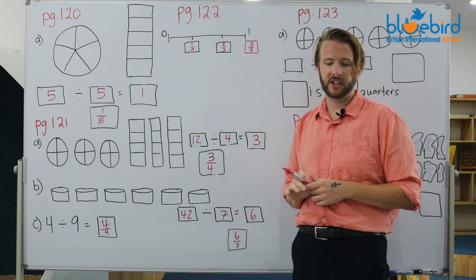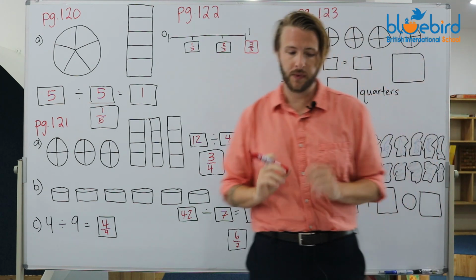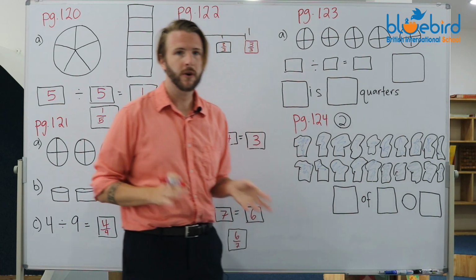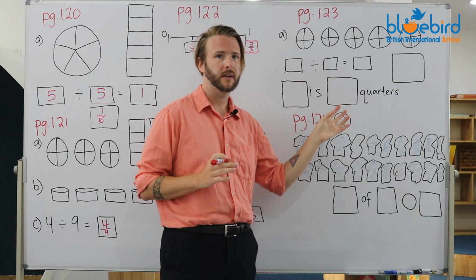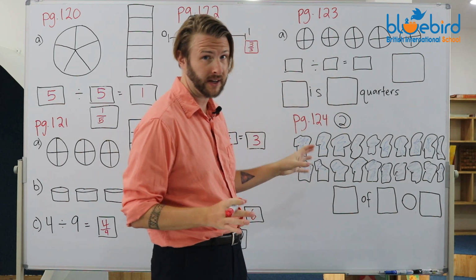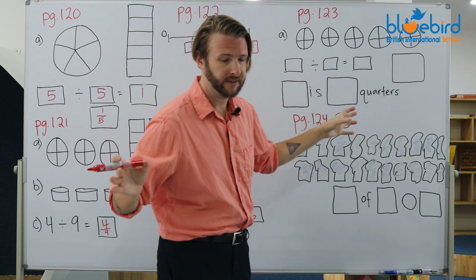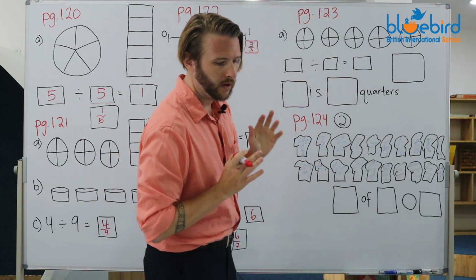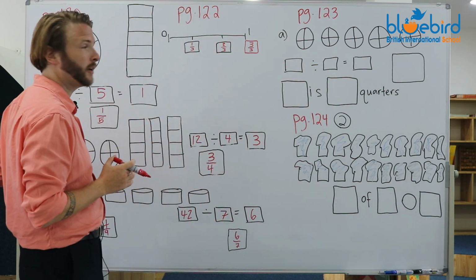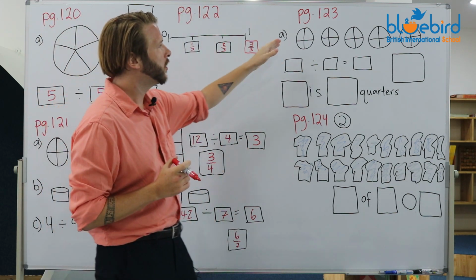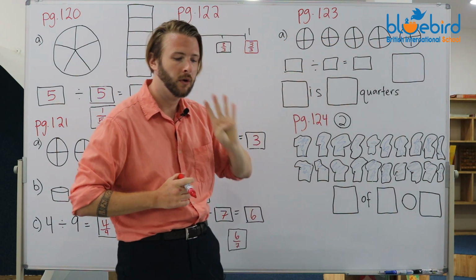Let's move on to page 123. So now, 4 girls are sharing 5 pizzas equally. Now these girls have had a lot of pizza already. I don't know why they need 5 more, but we're going to give it to them. So we're going to do the same thing that we did over here. We divide each pizza up into 4 equal pieces.